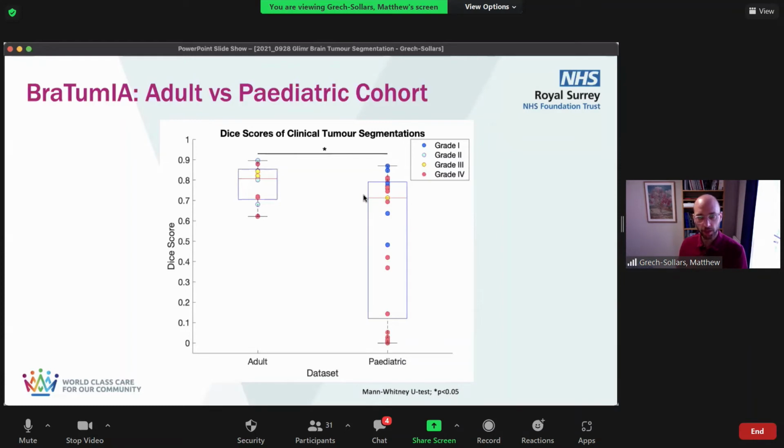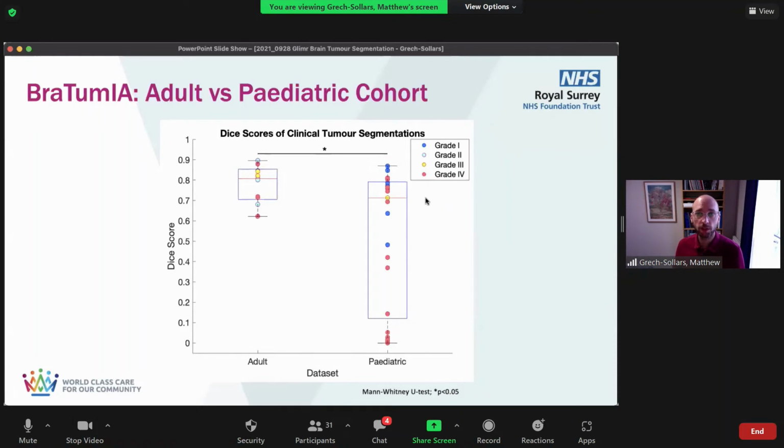To some extent this is not unsurprising, because Bratumia was not trained on a pediatric cohort, so it never saw any pediatric brain tumors. And we do know that there are differences between adult and pediatric tumors. So this was really a bit of a check: how well do existing software perform? Are we focusing solely on adults and therefore forgetting about different types of tumor that exist?